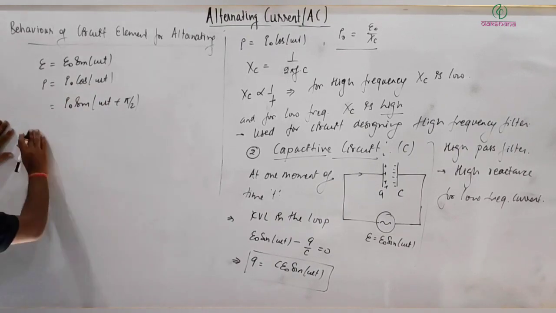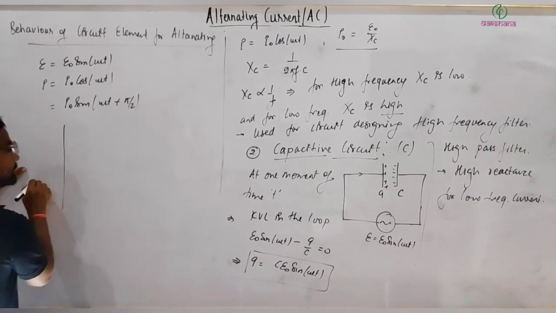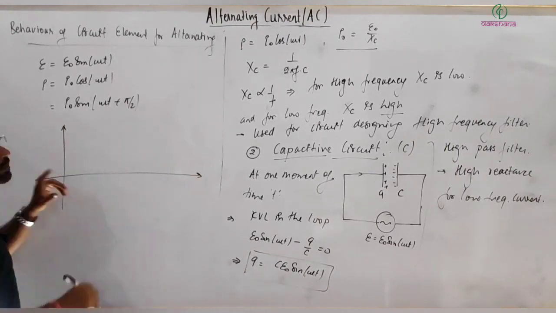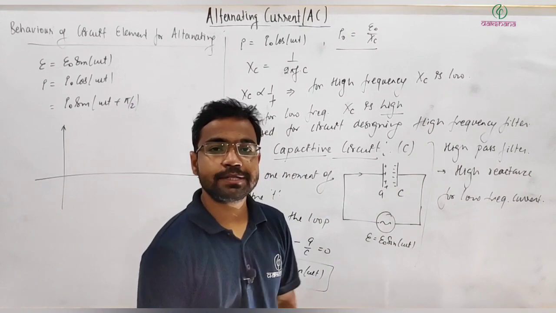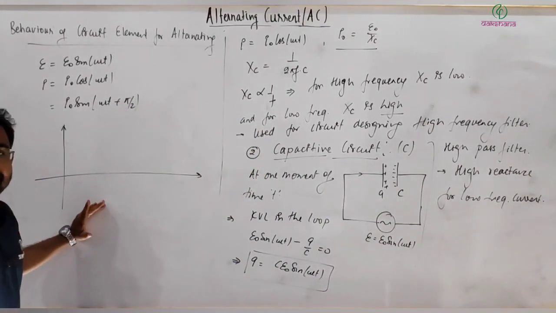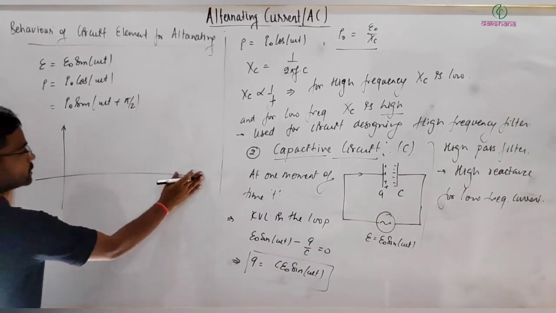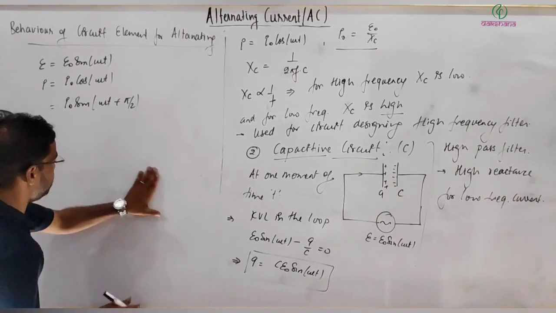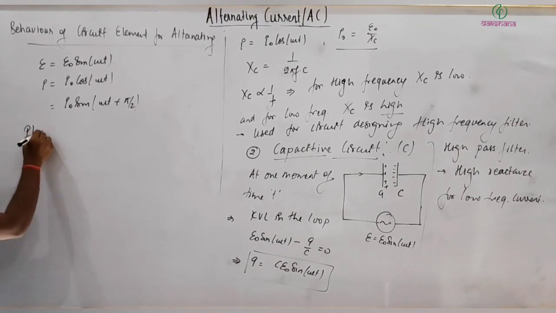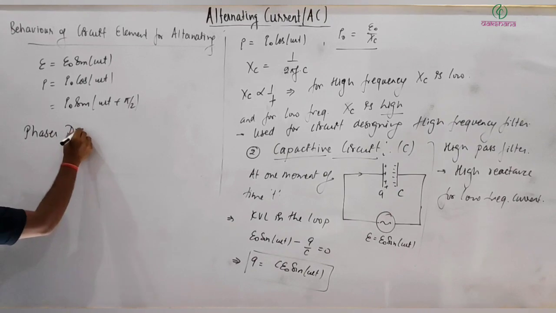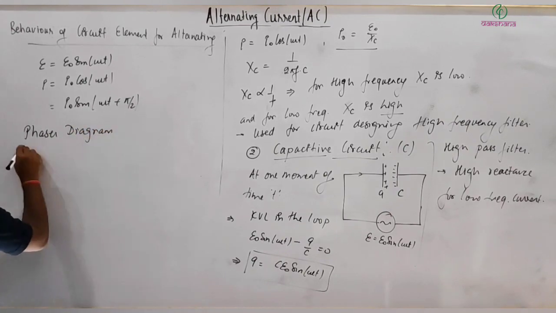So this way, first thing, this is a pure capacitive circuit. So on the x-axis I can take either one. So let me draw two phasor diagrams.